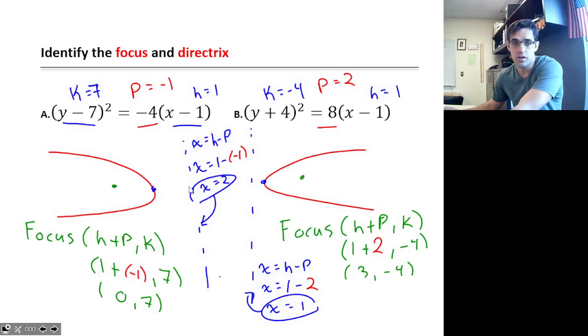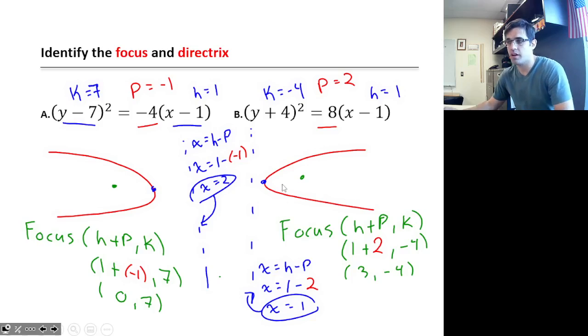If I add 1 to the h value, then I'll get the equation for the directrix, which will be a vertical line in this case. So here's the directrix. The h value is 1, so if I add 1 to it, I get 2. So x equals 2 is the equation of the line of the directrix.